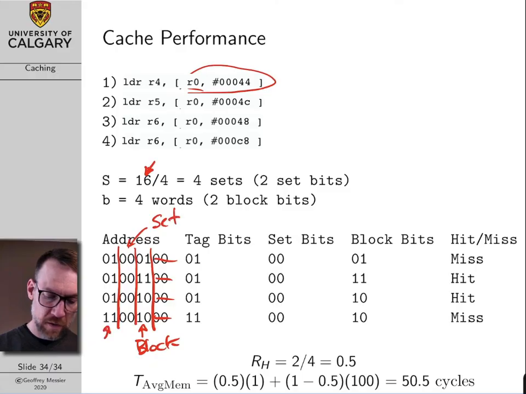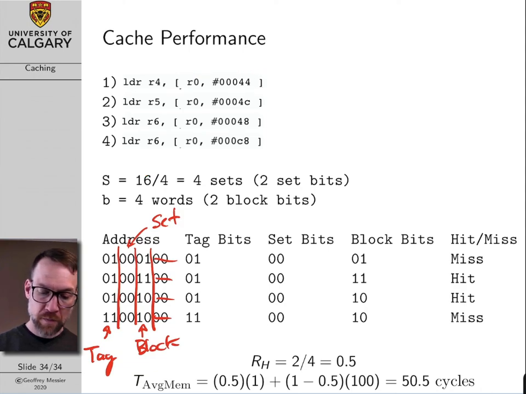And these are our tag bits, assuming an 8-bit addressing scheme. And so our first load word command corresponds to tag bits of 0, 1, set bits of 0, 0, and block bits of 0, 1.